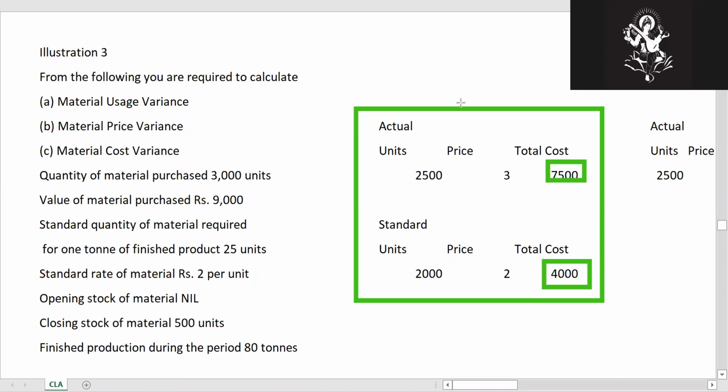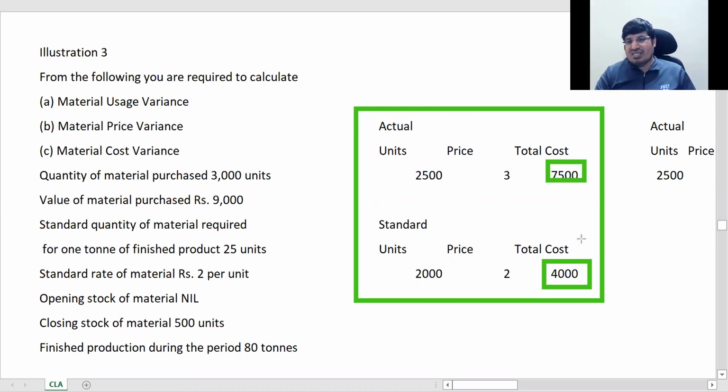Adverse. Adverse. Yes, because actual is more than standard. So it is adverse, 3500.